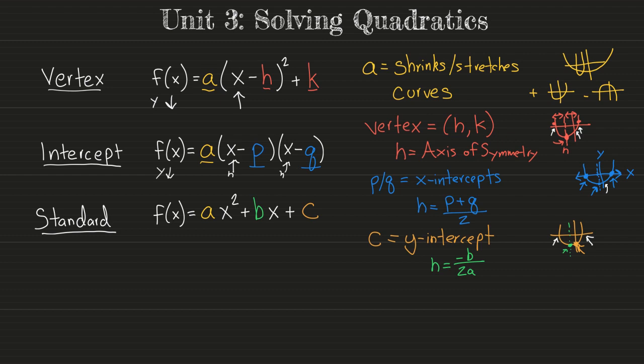So let's look at an example right away. I'm just going to go kind of quickly through what we know. Let's say we have an intercept form quadratic. Let's take a look at y equals (x plus 2)(x minus 4). Right away, we know some stuff. We know that a is 1 because there is kind of an unspoken one right there.